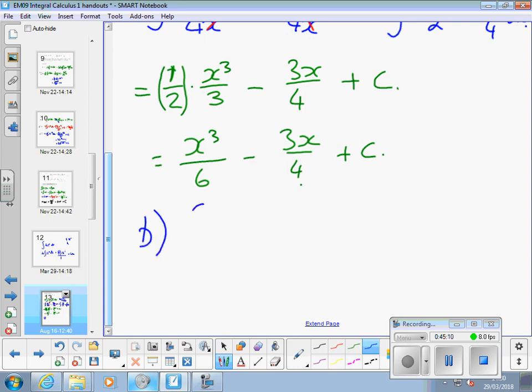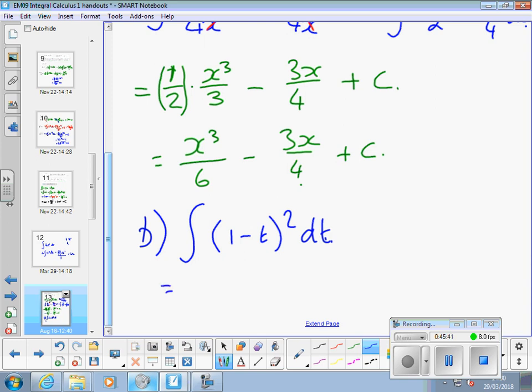Integral of brackets 1 minus t all squared dt. That is exactly what you need to do.